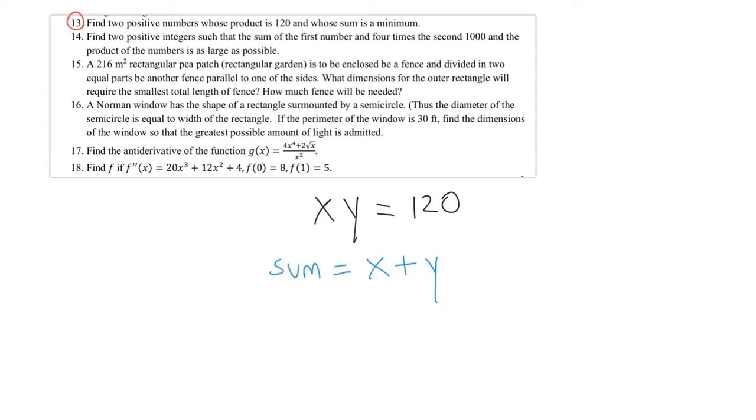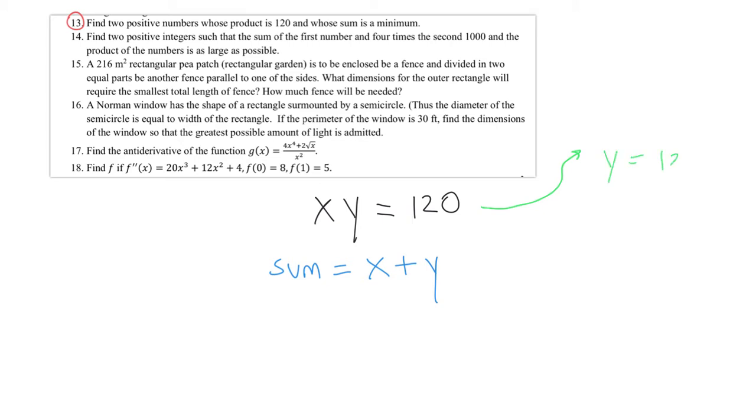So basically what we're going to do is follow a similar protocol to what we've done in the last video, where whatever it is you want to maximize or minimize, that's the equation you're going to take the derivative of. So let's work with this to figure out what y is in terms of x.